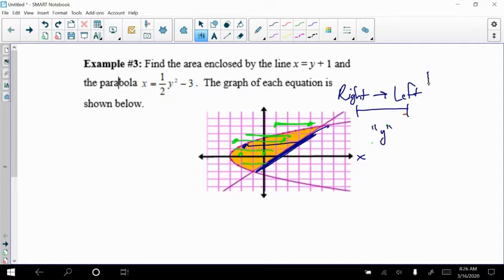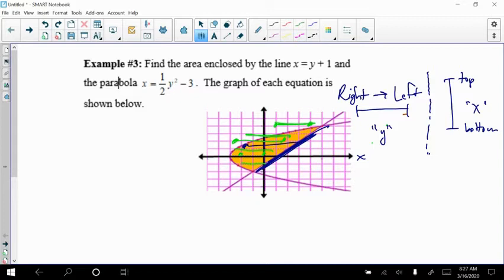Before, when I was measuring in this direction, I would do top minus bottom: the bigger one came from the top, the smaller one came from the bottom, and we were in terms of x. That's like the vertical line. Here, when I'm in terms of y, it's going to be right minus left to still go bigger minus smaller.